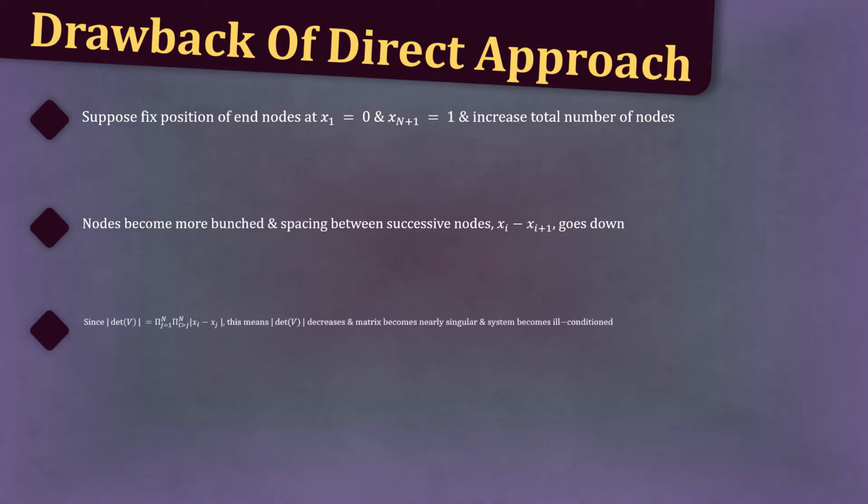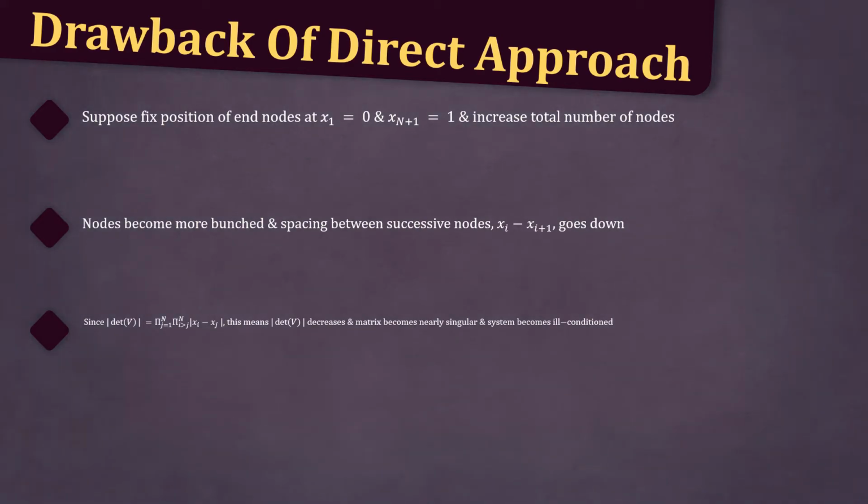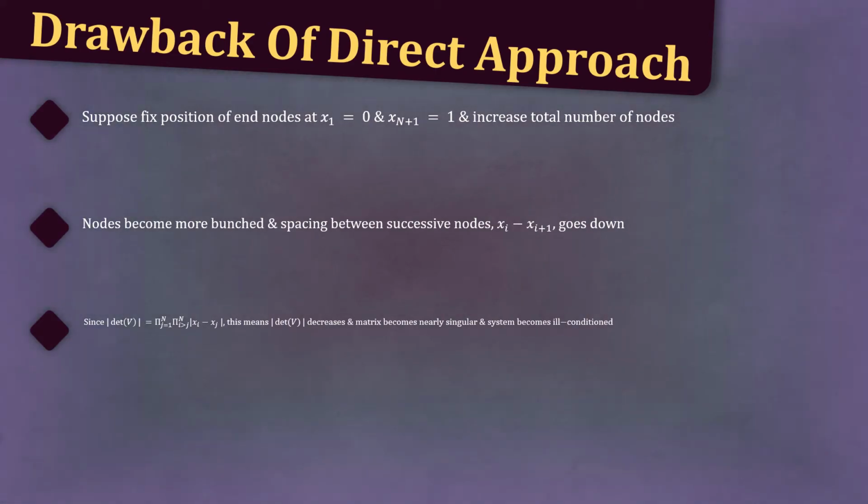Since the modulus of the determinant of the matrix V is equal to the product from j = 1 to n times the product for i greater than j up to n of (xi - xj), this means that the determinant of V decreases and the matrix becomes nearly singular and the system becomes ill-conditioned.